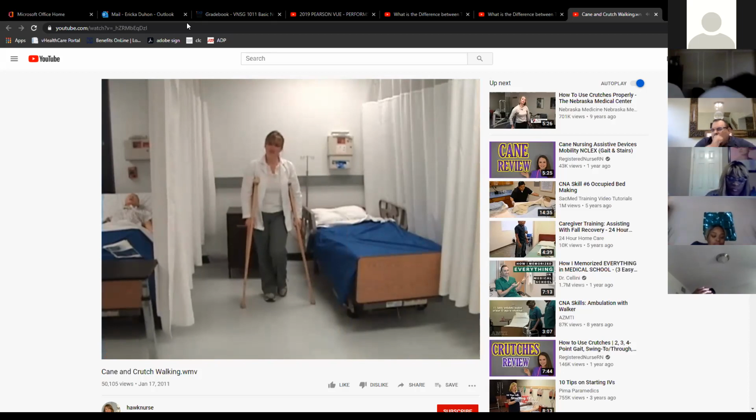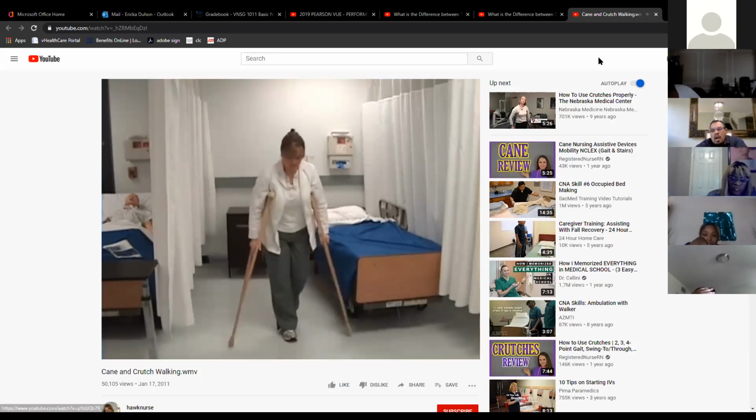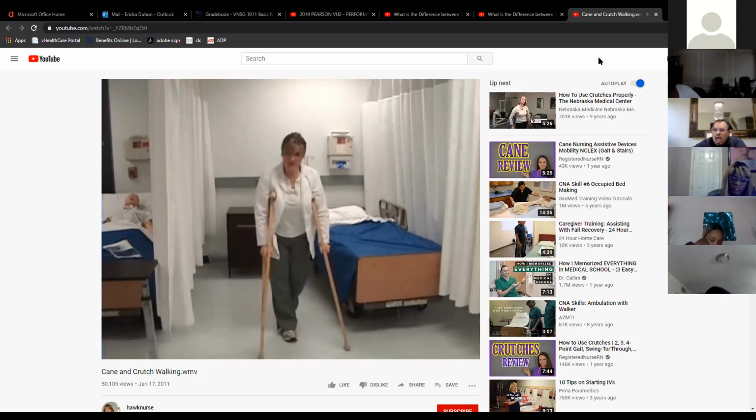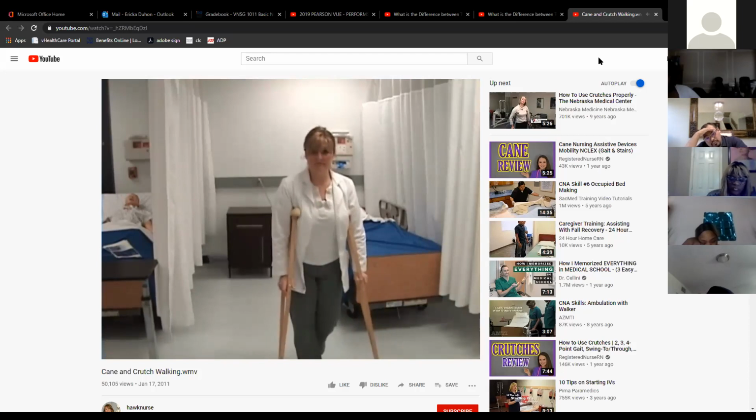So they still need the crutches to assist. I'm going to place the crutches 12 inches in front of my foot, put the affected foot forward. Using the crutches, I'm going to swing through with my good leg. Crutches 12 inches ahead, tap my affected foot, and then swing through with my good leg.